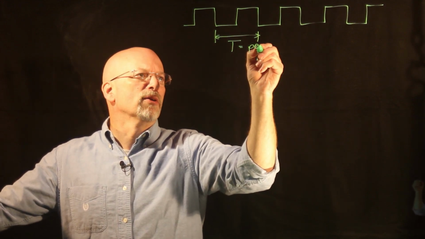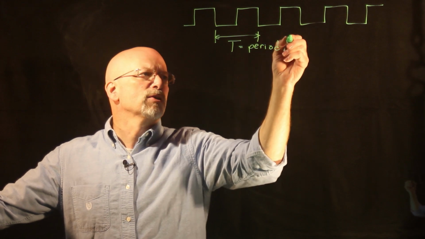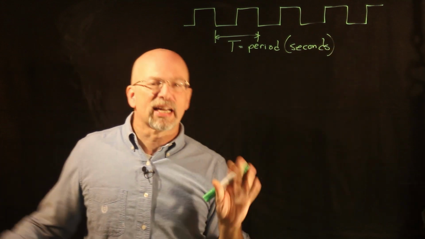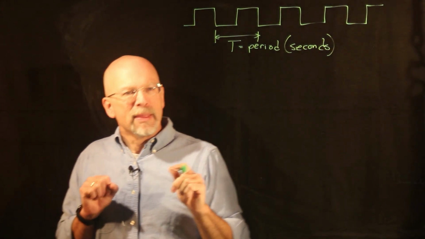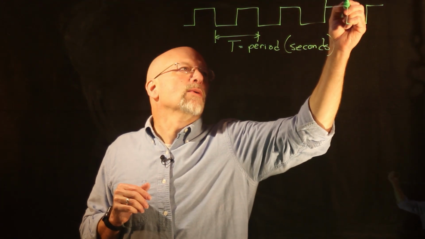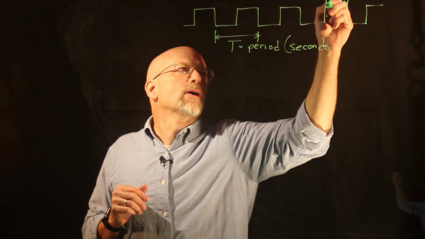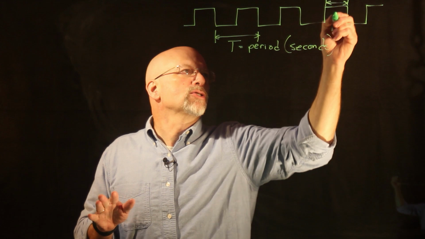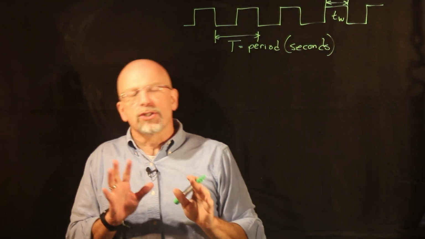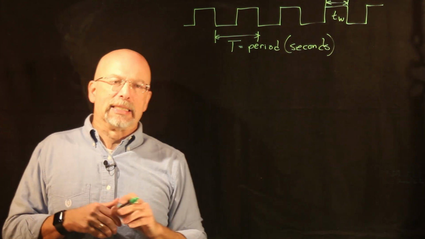It was measured in seconds, specifically seconds per cycle. And we also had the measurement of the width of a positive-going pulse, T sub W, also measured in seconds.